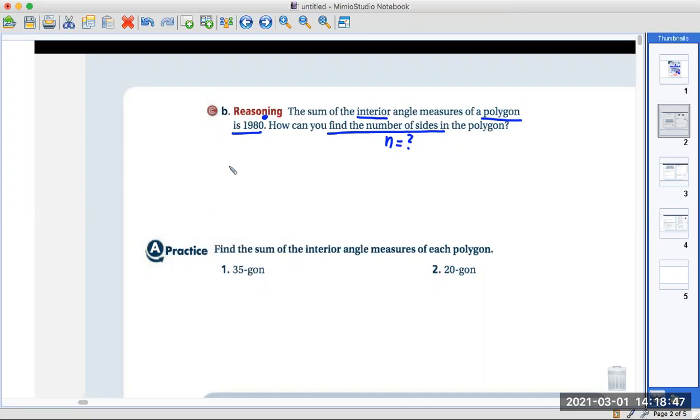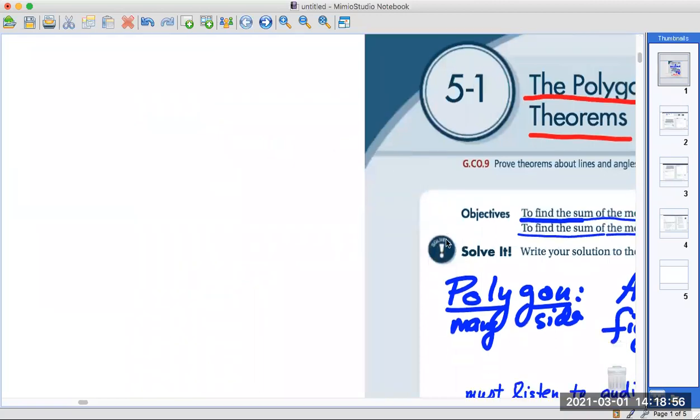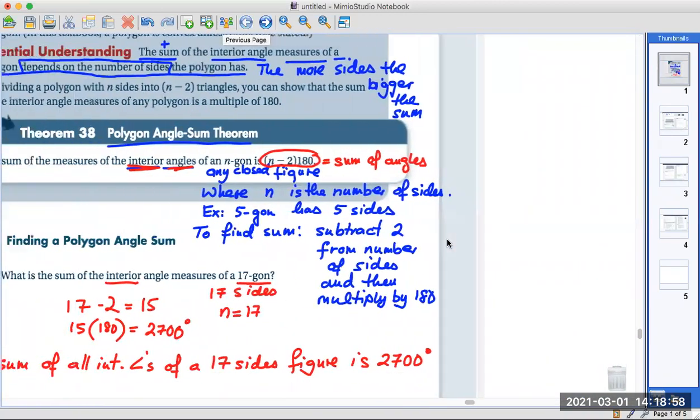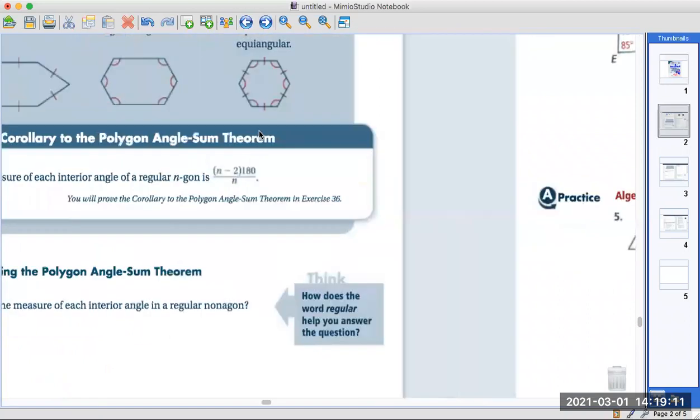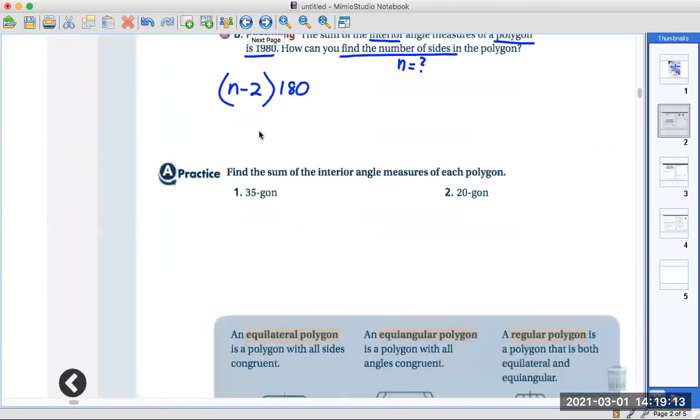What's n? So remember the little formula in the beginning, it had n minus 2 times 180. That was on our first page, right here. This little formula, which I wrote in words here: subtract 2 from the number of sides, multiply by 180. Well, let's use the formula and we're going to work backwards.